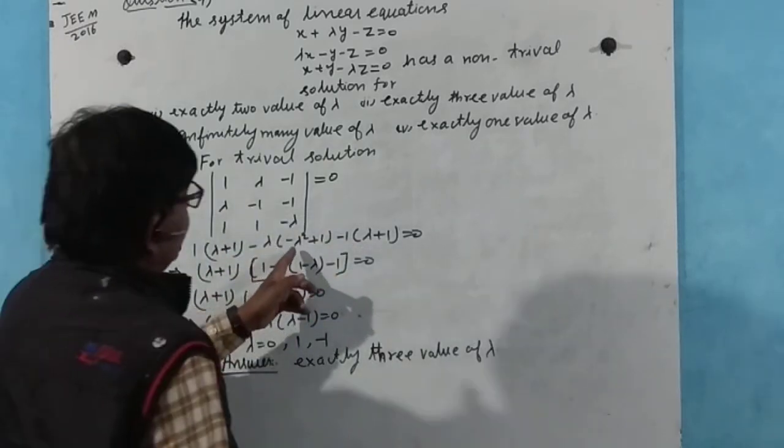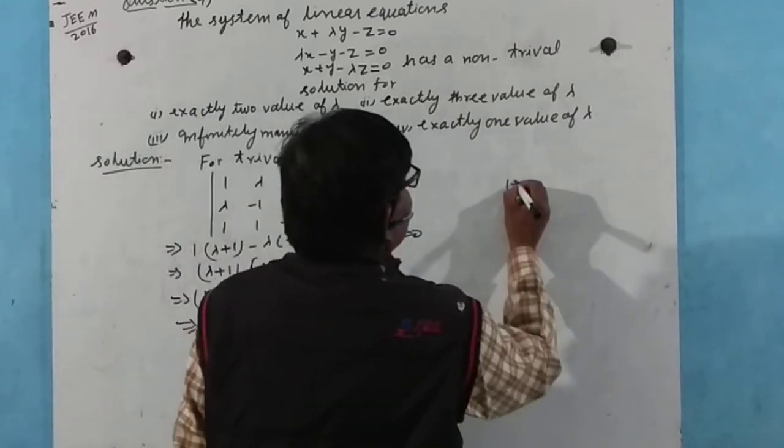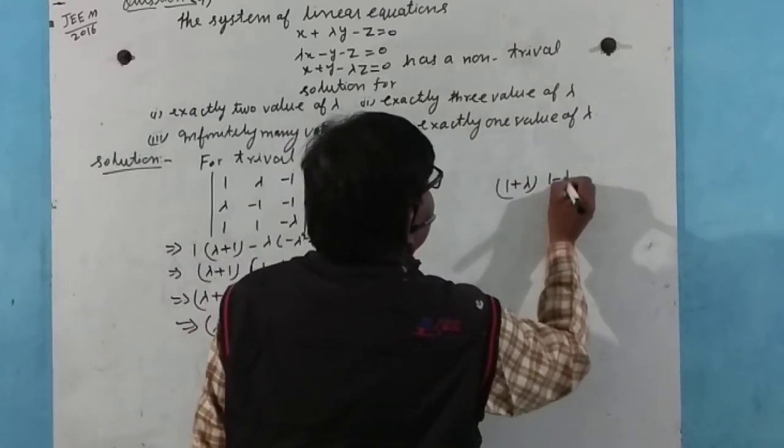This can be written as 1 minus lambda square, and 1 plus lambda, and 1 minus lambda.